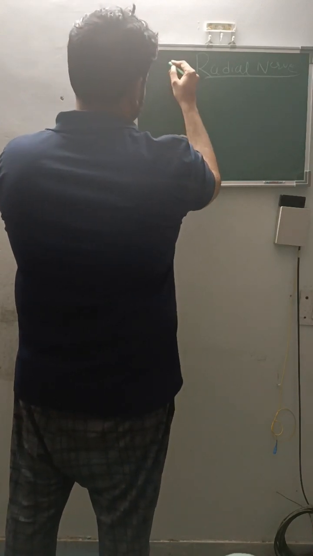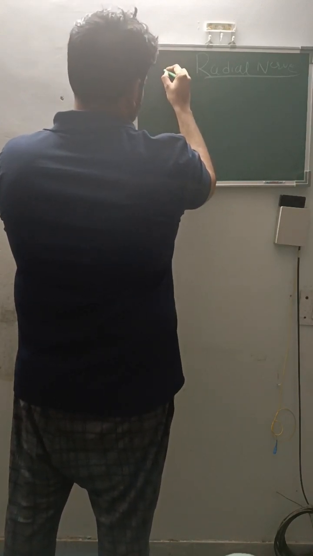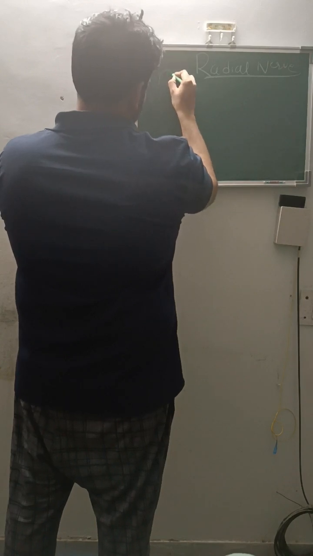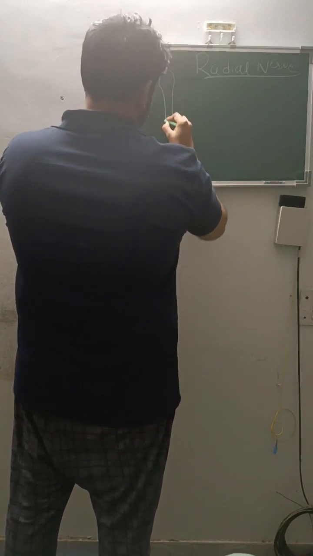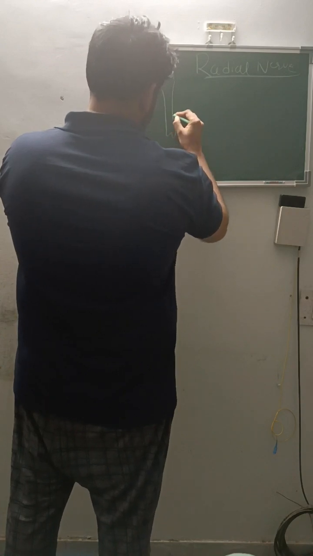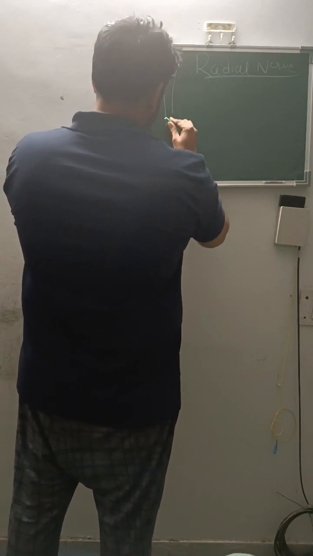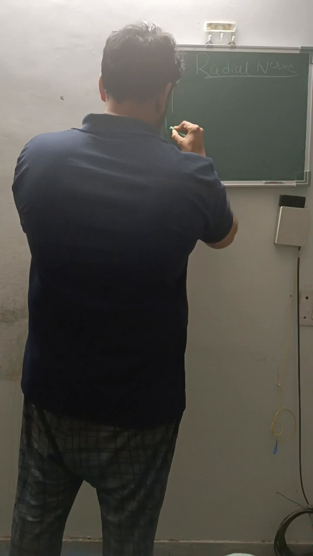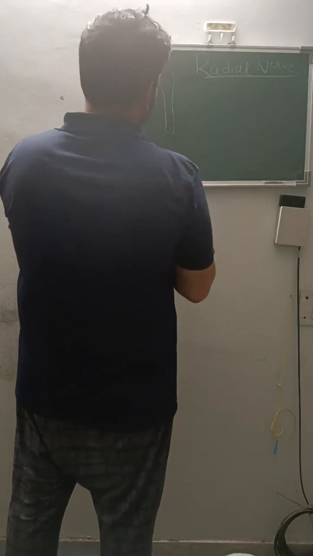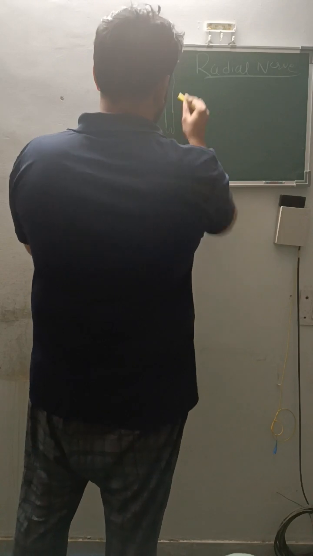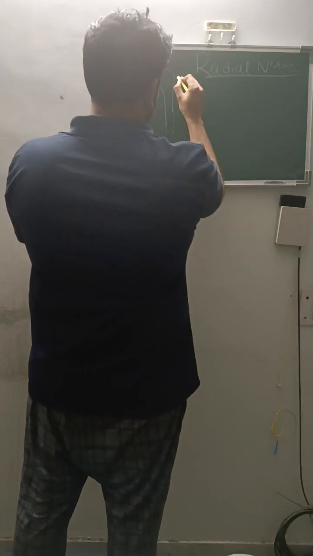First of all, we make a rough diagram here. Suppose this is your humerus. Then let's draw the nerve coming from the axilla.